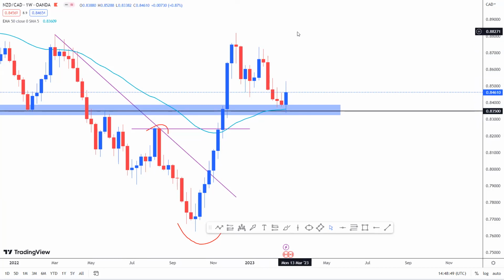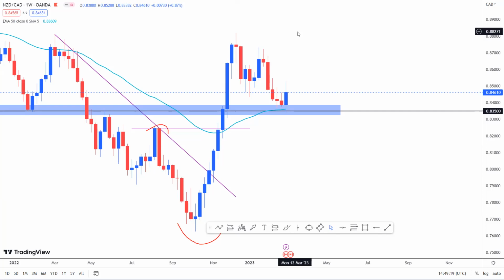Now, if you take a very close look at the scenario we had on GBP CAD, guys, you would see very evidently that GBP CAD and NZD CAD are looking very similar. We are only seeing that GBP CAD is kind of moving ahead, while NZD CAD is only just about to start playing out just the way GBP CAD did last week.